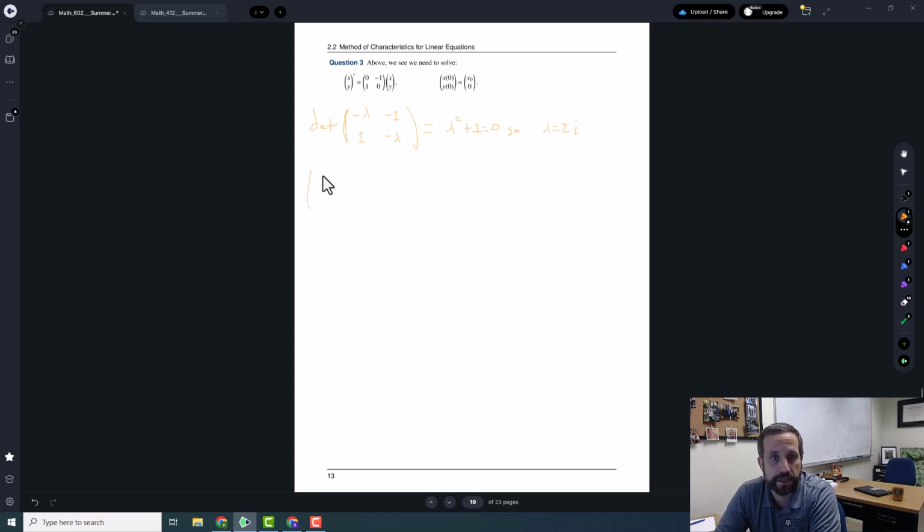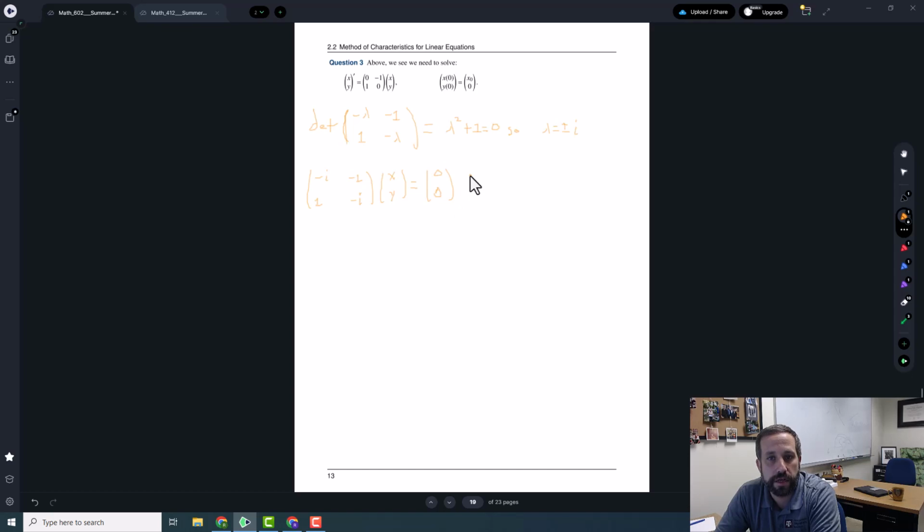So in other words, I need to solve the equation with the matrix minus i, minus 1, 1, minus i, times the vector x, y, equals 0, 0. The solution is going to give me the eigenvectors.